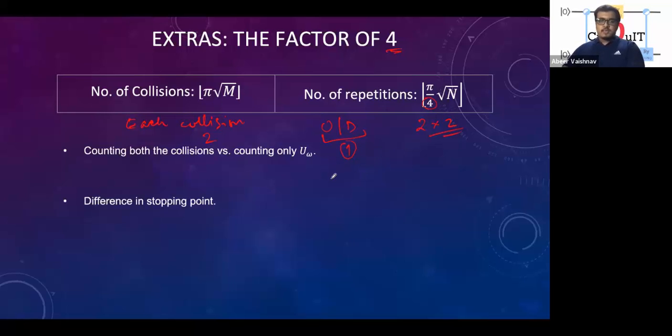The other thing is that there is a difference in stopping point in both things. So in the collisions problem, the system starts somewhere here. Okay, this is the bigger block and this is the smaller block, and it goes with the velocity here.